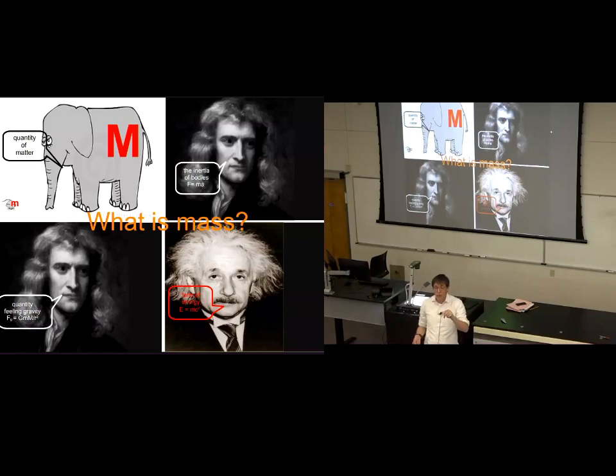The gravitational force between the Earth and the sun, which makes the Earth go around the sun, is because of the mass of the sun and the Earth. The gravitational force between you and the Earth is the reason that you're stuck in your chair, because you and the Earth have mass. So it's the thing that causes gravitational forces.